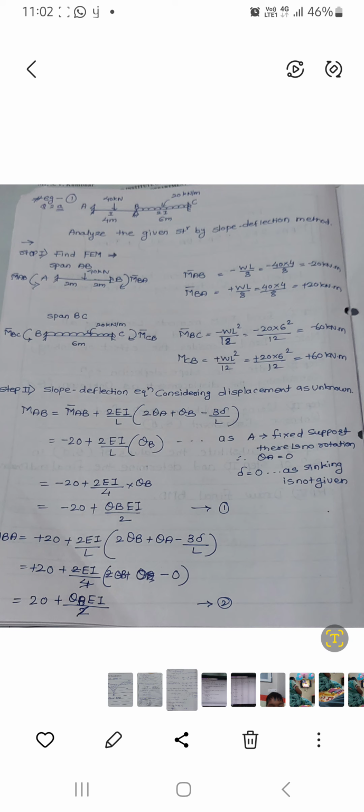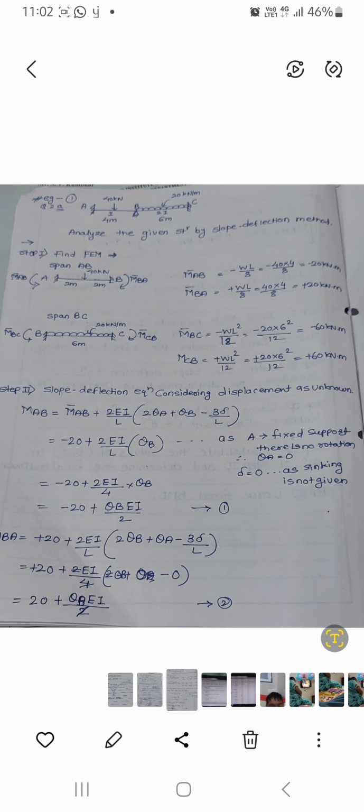So MAB is equal to M bar AB, which is the fixed end moment, plus 2EI upon L into the bracket 2 theta A plus theta B minus 3 delta upon L. Now this is your slope deflection equation. So students, there is one hint for remembering the slope deflection equation. So what is that hint?